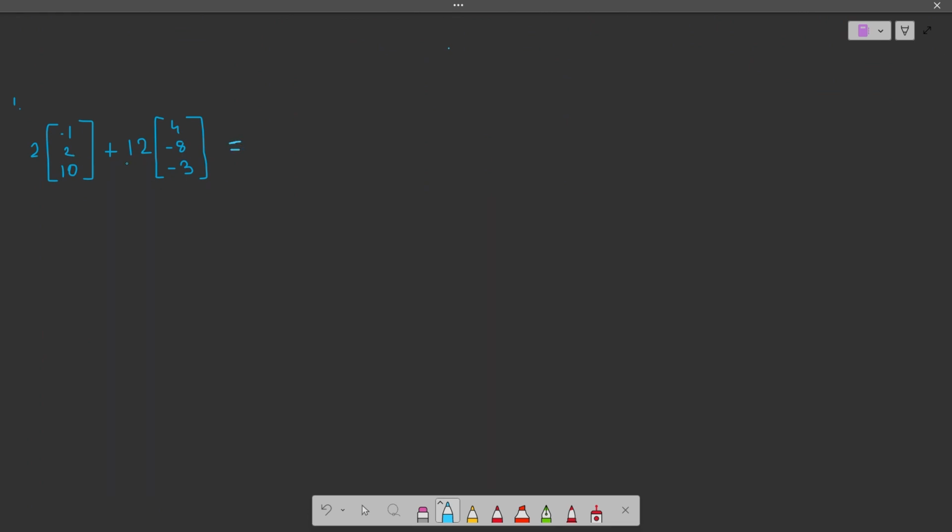First of all, we'll multiply these scalars inside of these vectors. So this vector would become -2, 4, and 20, plus this vector would become 48, -96 and -36.